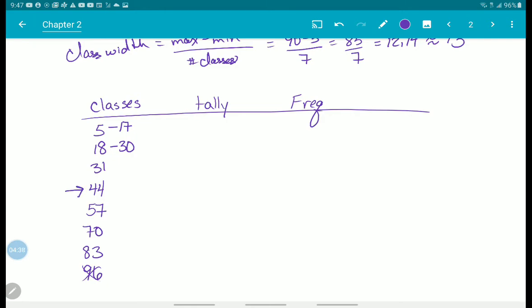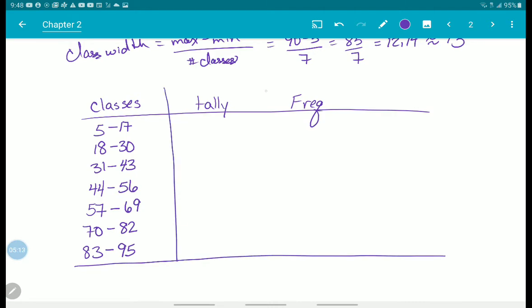If this starts at 44, this has to go to 43. If this starts at 57, this has to go to 56. If the next starts at 70, this has to stop at 69. If the next starts at 83, this cuts off at 82. And if this would have gone to 96, then I would stop this at 95. Now remember, we don't need that 96. That's beyond what our data has.